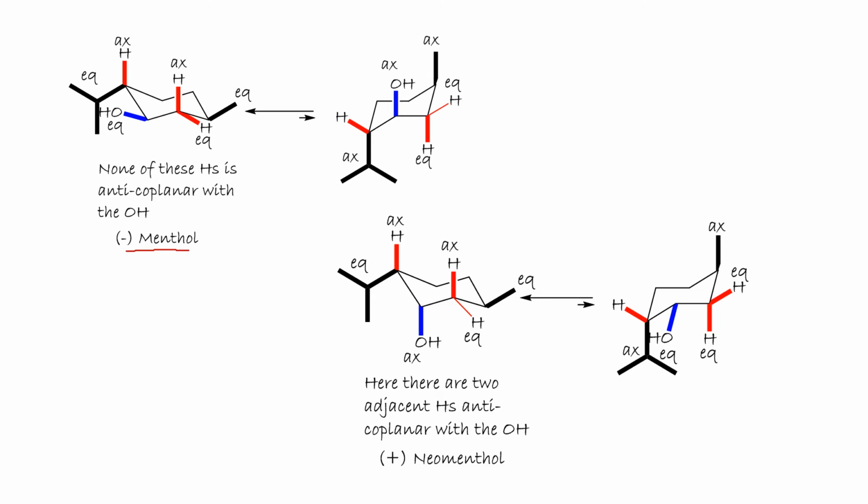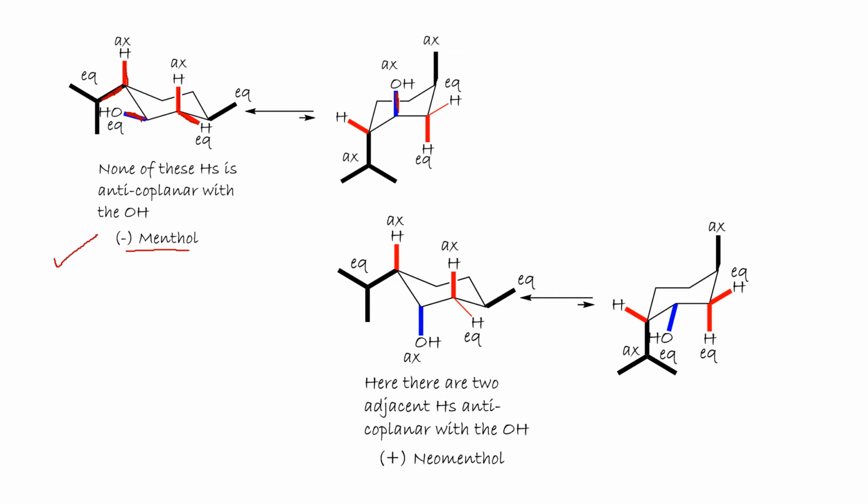In menthol, the OH is equatorial, so this hydrogen is not anti-coplanar to it. This hydrogen is not anti-coplanar to it. This hydrogen is not anti-coplanar to it. Here is equatorial, equatorial, equatorial. So this is the most stable conformer.